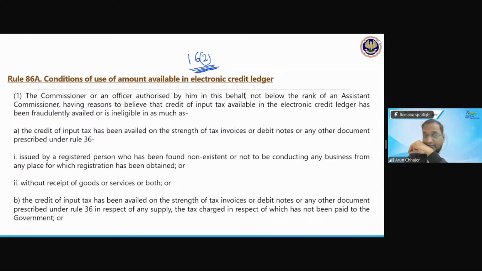Is it a condition for taking the ITC? Yes, it is a condition. And tax has been paid to the government. Can you recall Section 41, 41A? Some reference has been given. Tax has been paid to the government. The answer is yes, this is a condition.